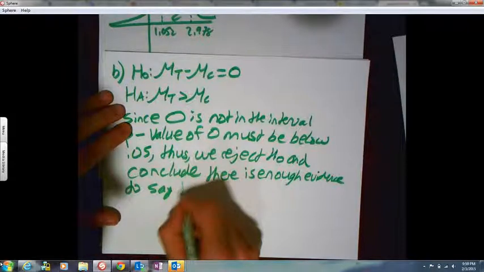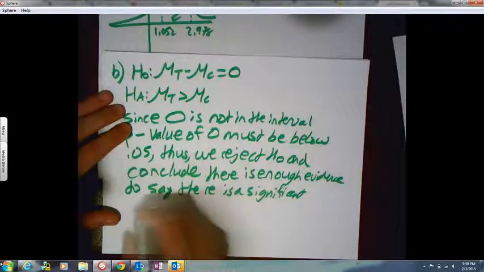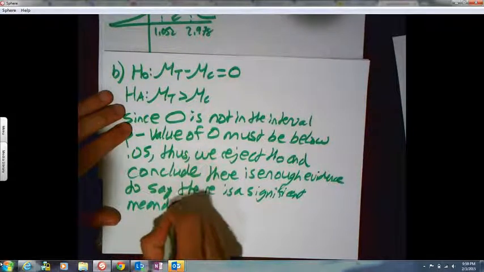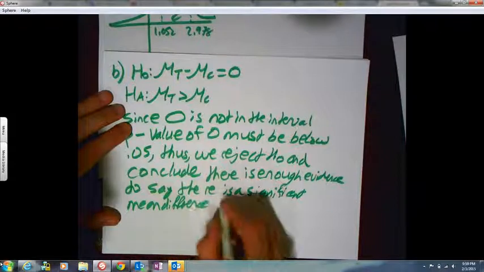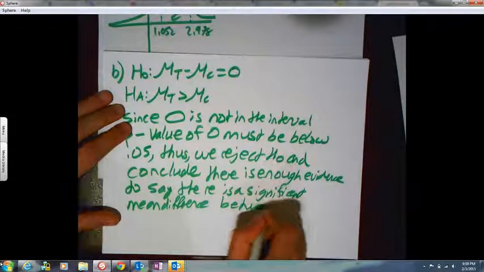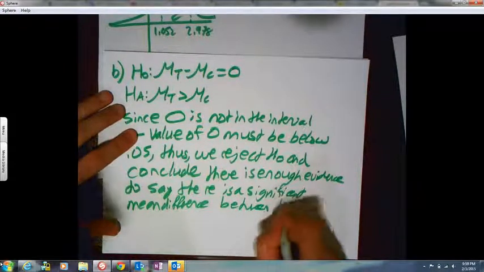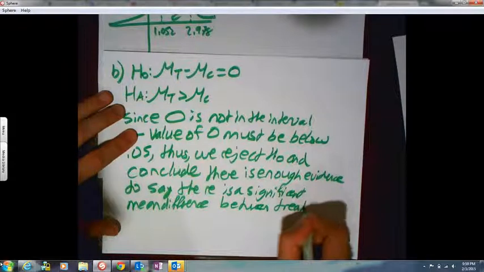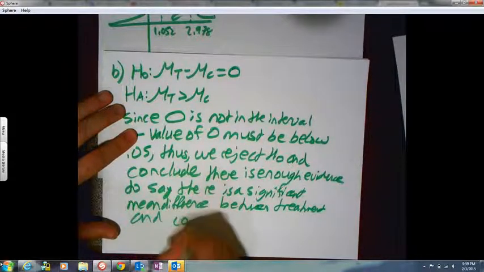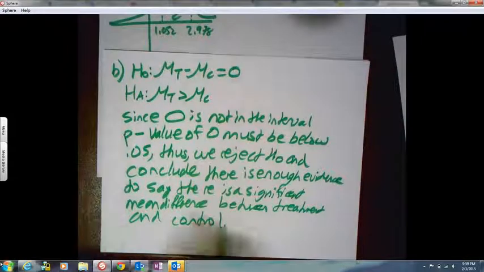So because 0 isn't in the interval, the p-value of getting a 0 must be less than 0.05. We know 0.05 is the default significance level, so therefore we're going to reject the null and conclude that there is sufficient evidence, there is significant evidence.